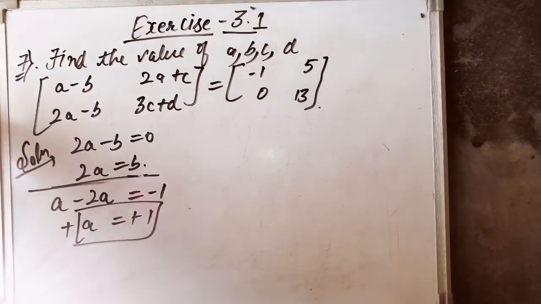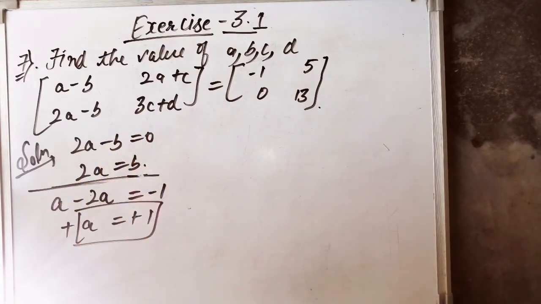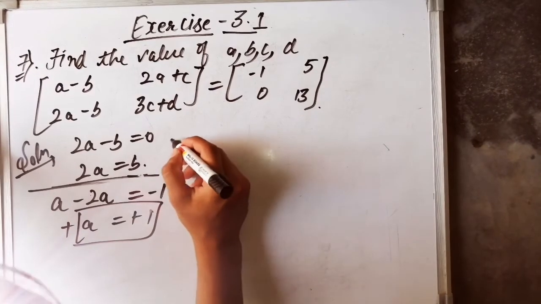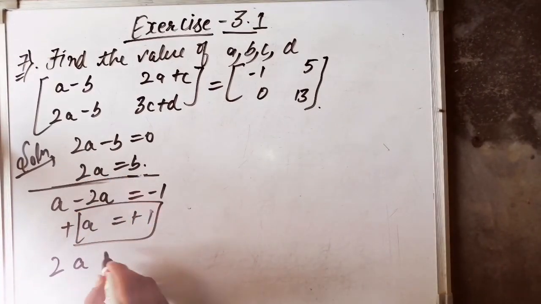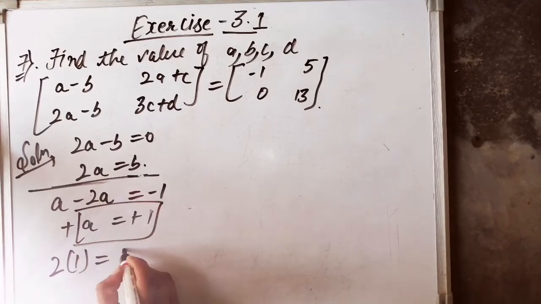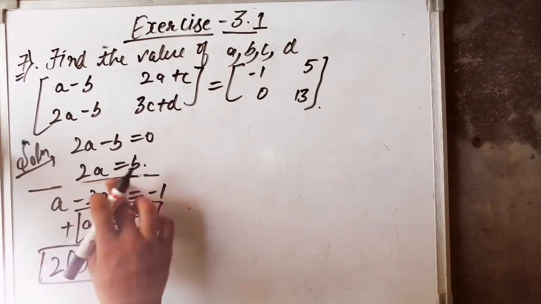By using the value of a we can also find the value of b, which is 2a equals b, which means 2 is the value of b. I used this equation to find the value of b.